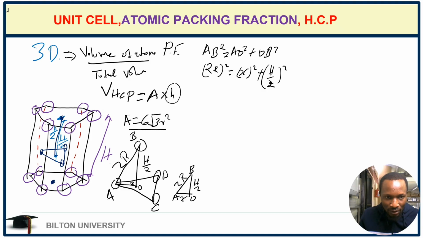I want us to put our focus on this one here. We can redraw it and say this is our A, this is our D. Let me draw it properly. So we have this triangle now.